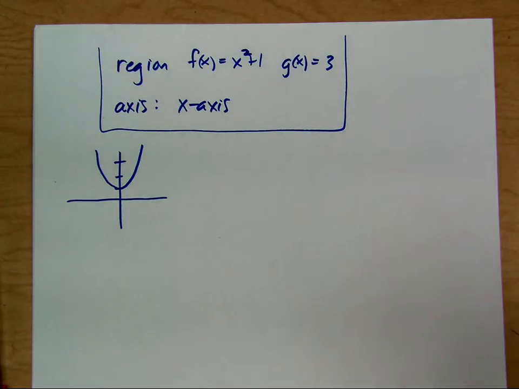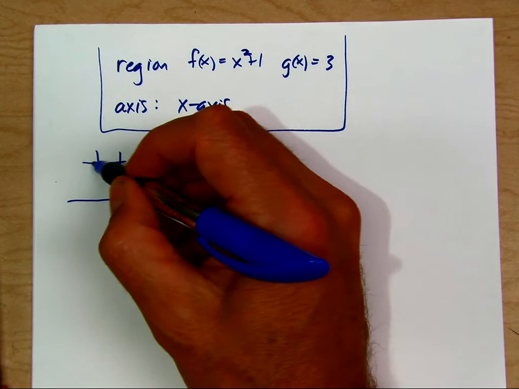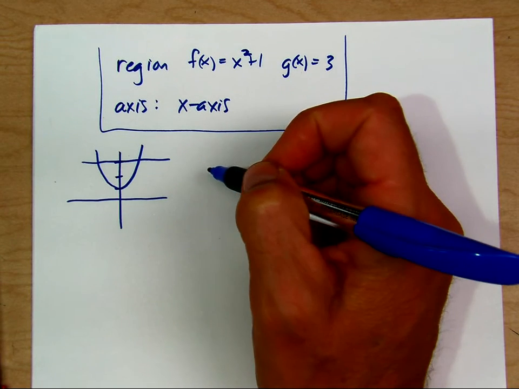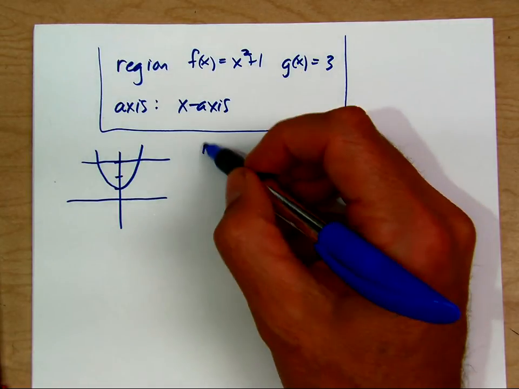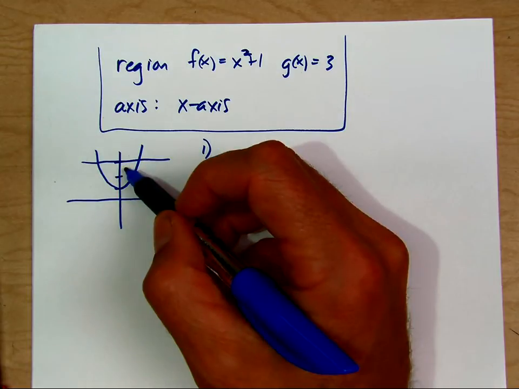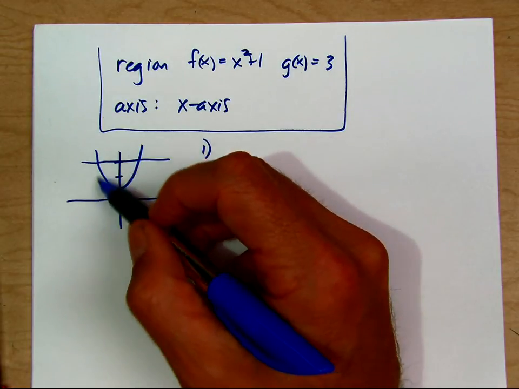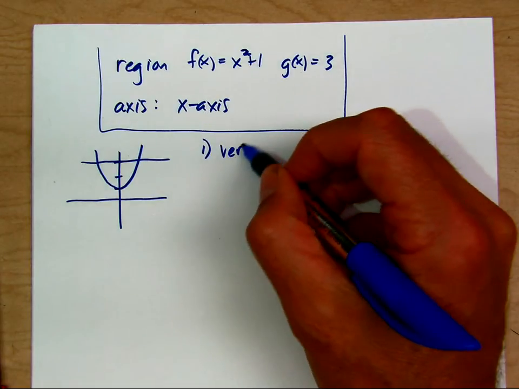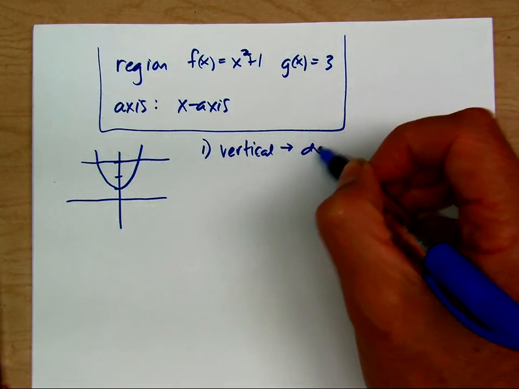So we have the parabola f of x, and then a horizontal line at 3. We need to decide: should we use vertical or horizontal rectangles? The vertical rectangles will always have the same top and the same bottom, so let's use vertical. And that means we'll need the differential of x.